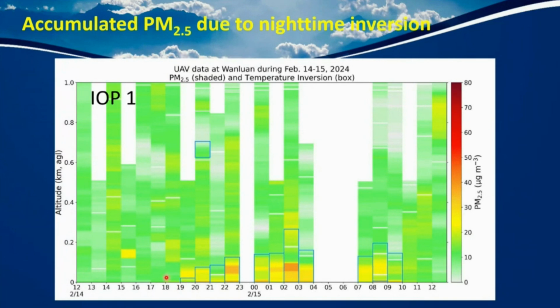During the nighttime we have an inversion layer, and in the inversion layer we also see high PM2.5 concentration. In other words, at night we actually have higher pollution. The most polluted time period is at night, not in the morning.